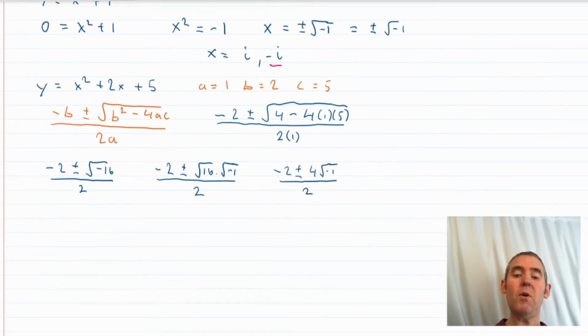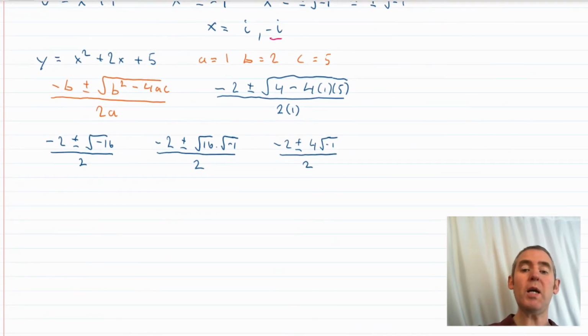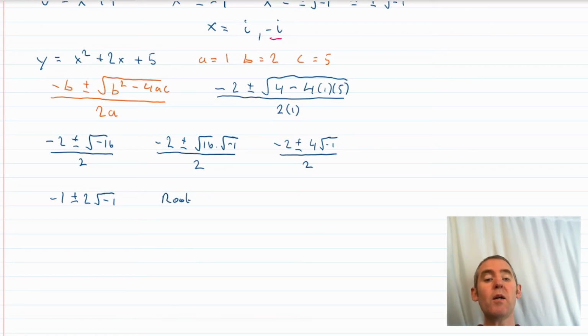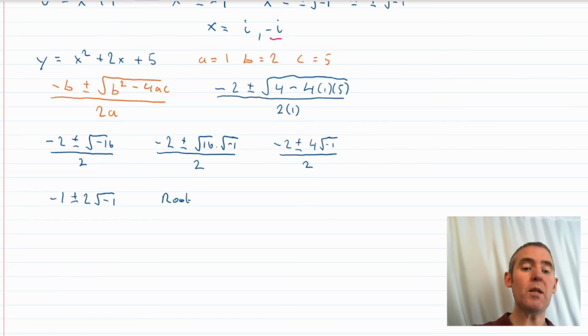And now we'll split that up, so the 2 will go into both, and we'll have minus 1 plus or minus 2 times the square root of minus 1. Now we're going to replace the square root of minus 1 with i.